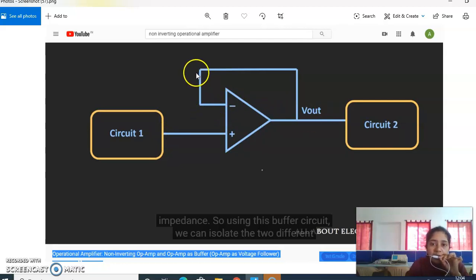That inverting terminal is directly connected to the output voltage, and that output voltage is directly applied to circuit number 2. So the same voltage coming from circuit 1 will be applied as the input for circuit 2. This is called a buffer, so it can act like a buffer. This is all about the non-inverting operational amplifier. Thank you.